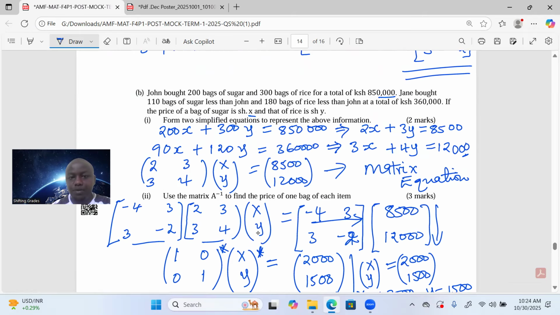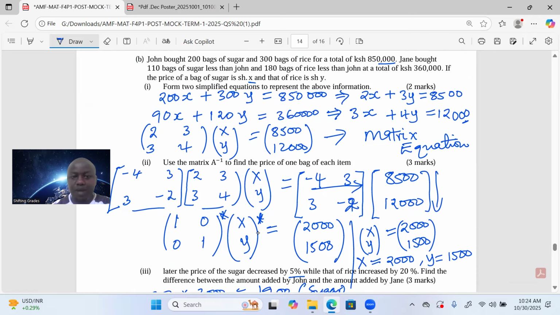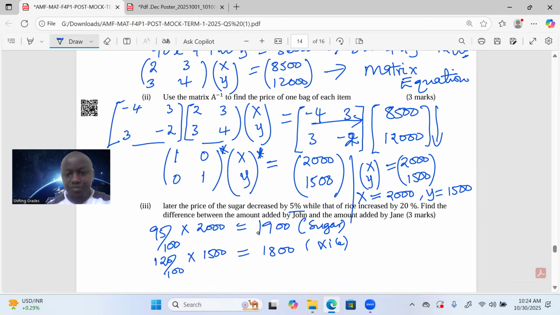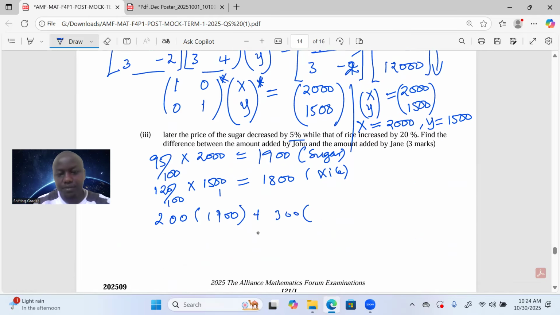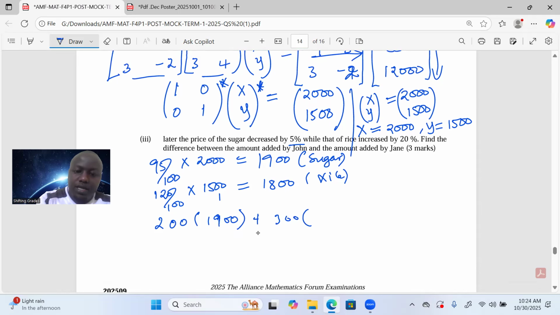John will be purchasing what? 200 by X, 300 by Y. I'm assuming they are going to purchase the same number. 200 times now 1900 plus 300 times now 1800.